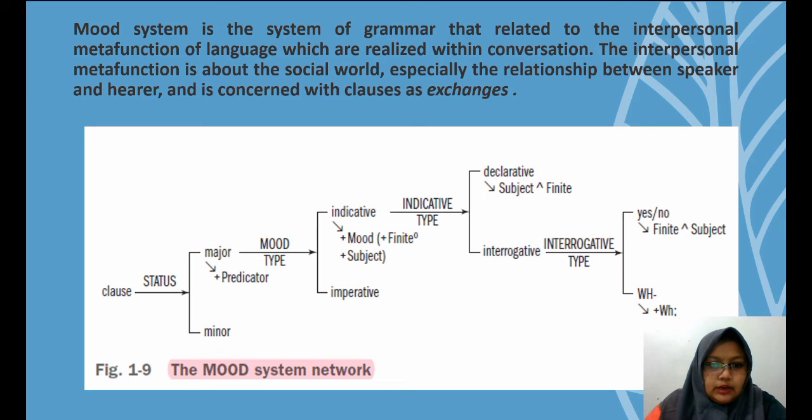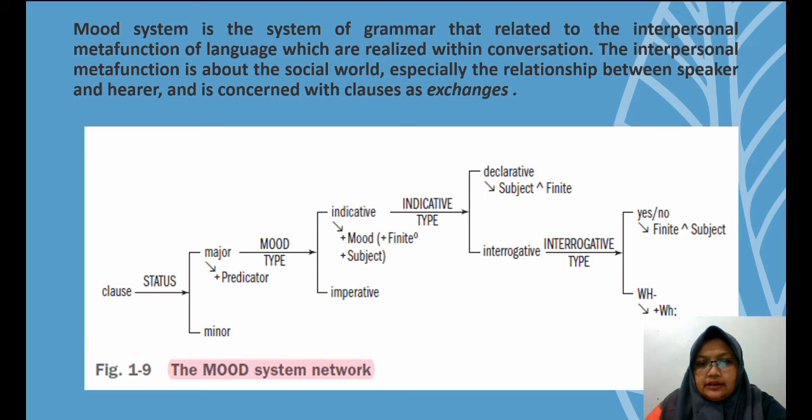There is a clause, and then the status is major or minor. The major clause has a predicator and a mood system, divided into two, indicative and imperative. Indicative has a mood, finite, and also subject. The indicative type is divided into two: first declarative, and then interrogative.